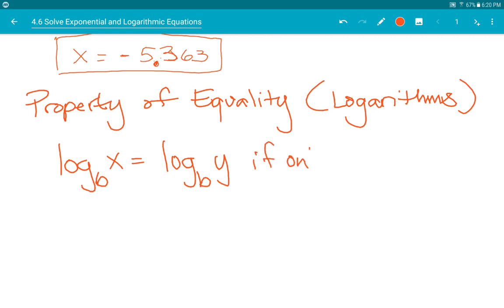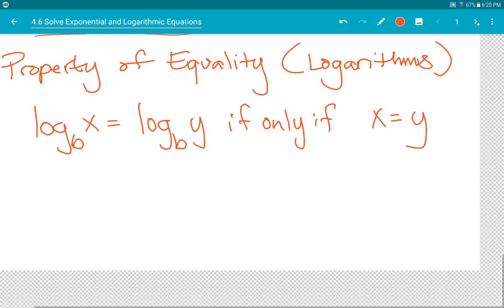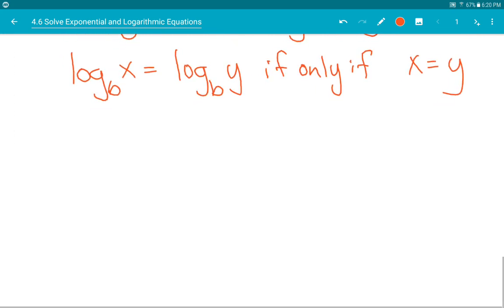That's only going to tell us that x is equal to y. Or vice versa, if we started with x equals y, then the two logs are going to be equal. So whether we take a log of each side or we just remove the log, the x and the y, as long as they have the same base, are going to be equal. That's one of the properties that they have.